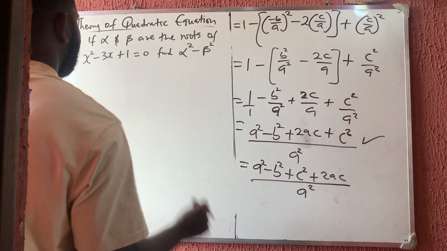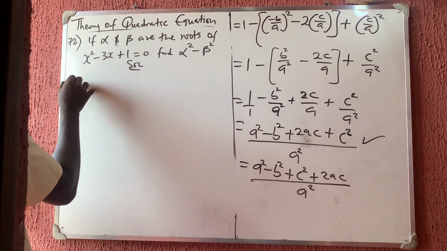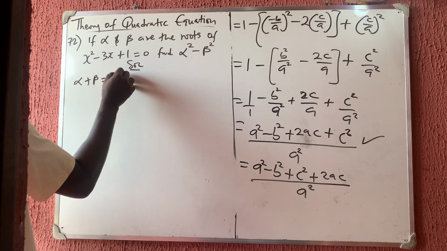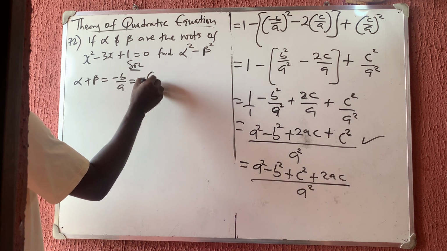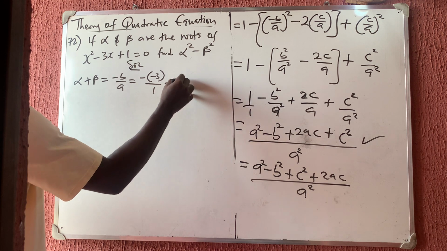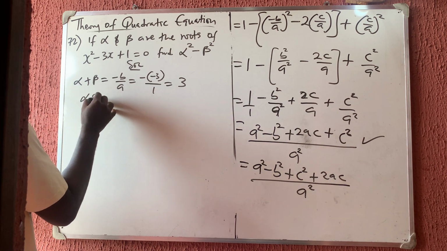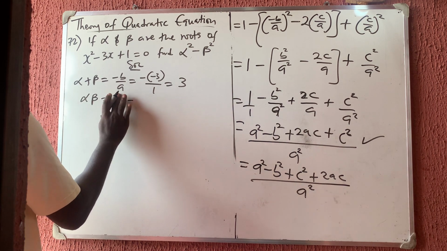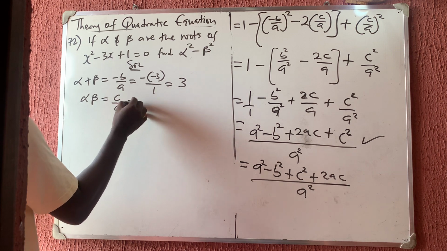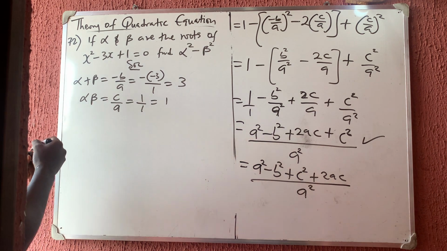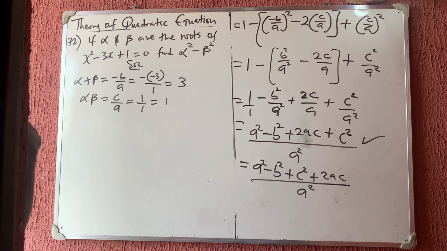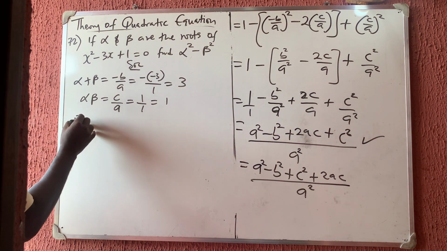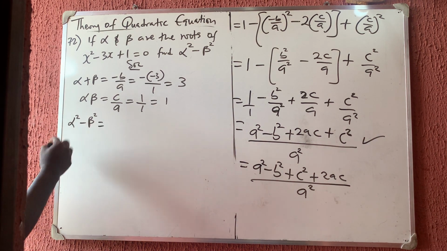The first thing we need is alpha plus beta, which is minus b over a, minus into minus 3 over 1, which is 3. Then alpha beta is c over a, which is 1 over 1, which is 1.